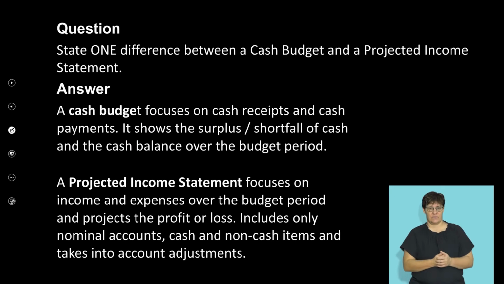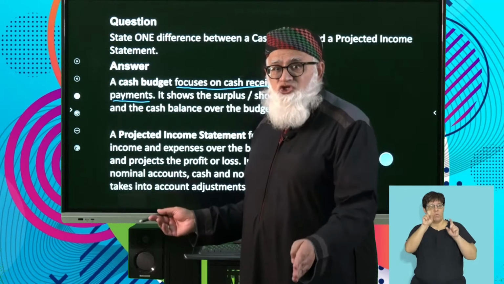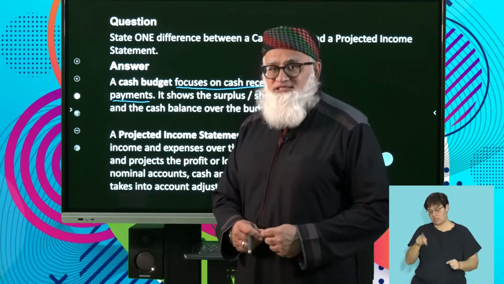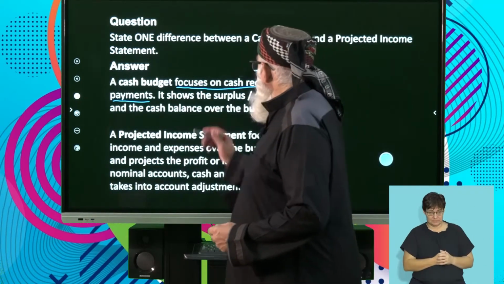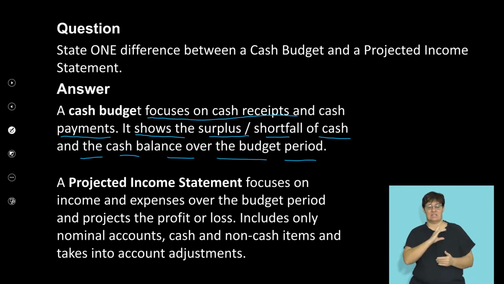Let's look at it. A cash budget, right, focuses on cash receipts and cash payments. Can you see what I've said earlier on? How it fits in? And this is an actual examination question where they ask you a difference between a cash budget and a projected income statement. What does it do? It shows you the surplus or shortfall of cash and the cash balance over the budget period.